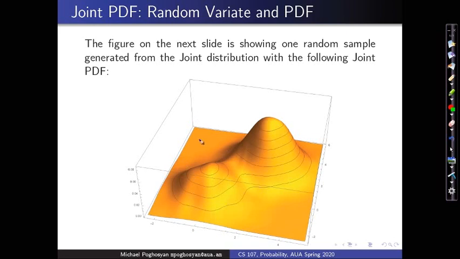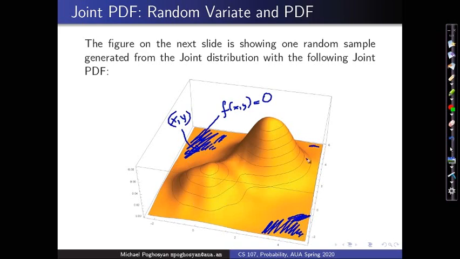Say here in my graph, the surface of f_XY is 0, so the values are 0. That means my random variables X, Y cannot take values in this region, and they cannot be in this region, because f is 0 here.